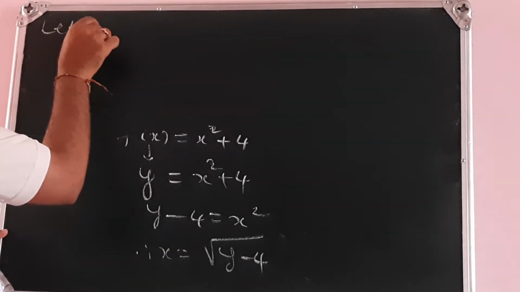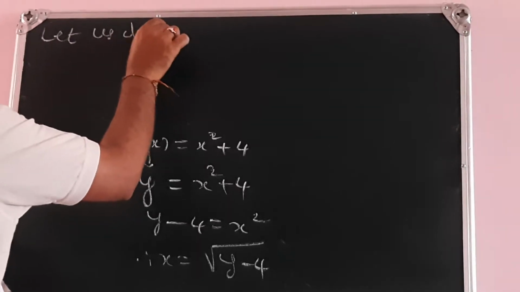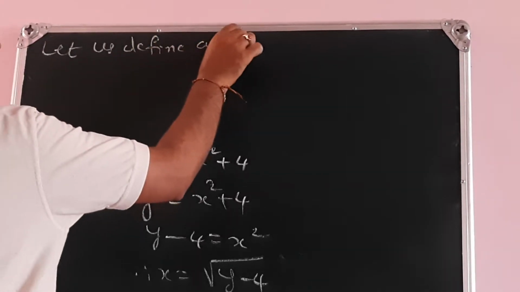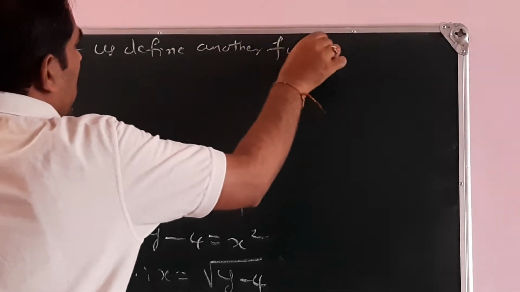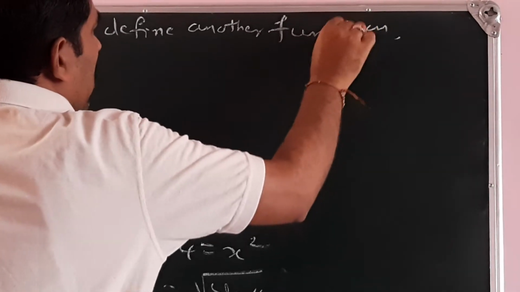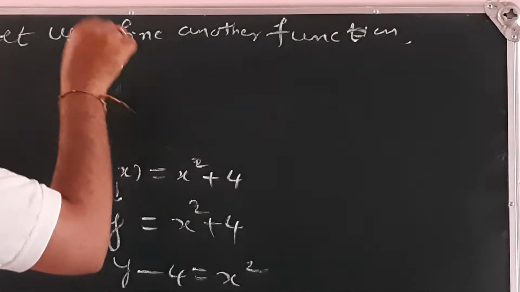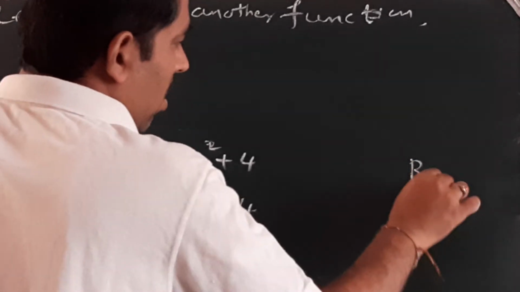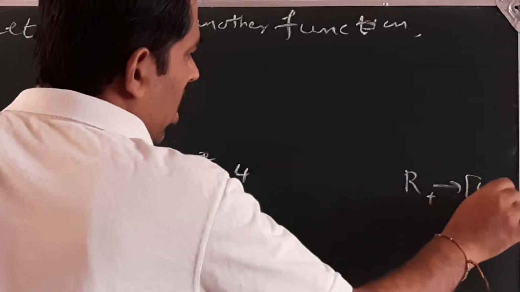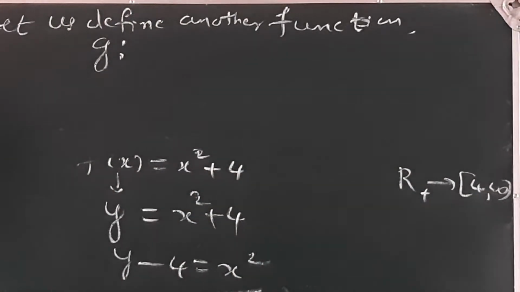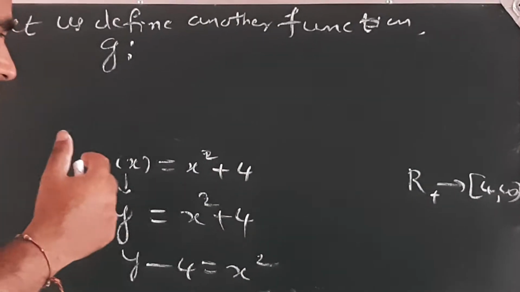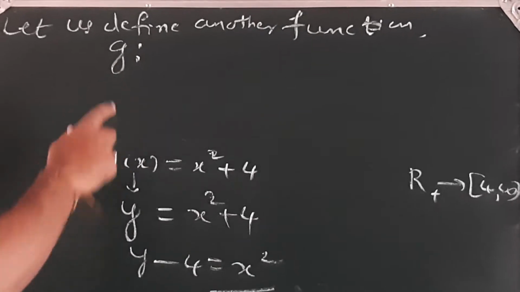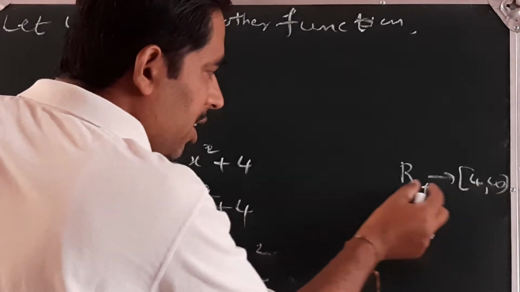Let us define another function, say g. What was our domain here? Domain R plus to 4 comma infinity. So by the theory, we should define another function g from 4 comma infinity to R plus.